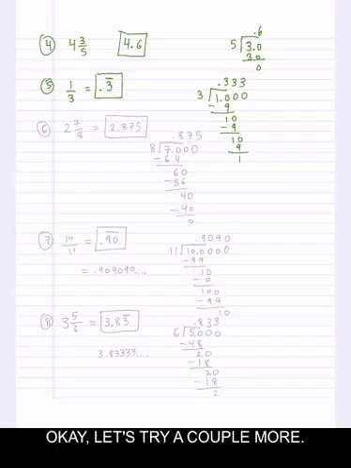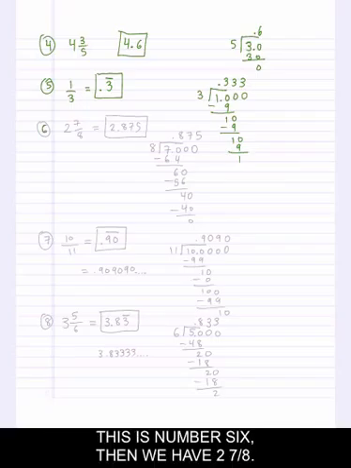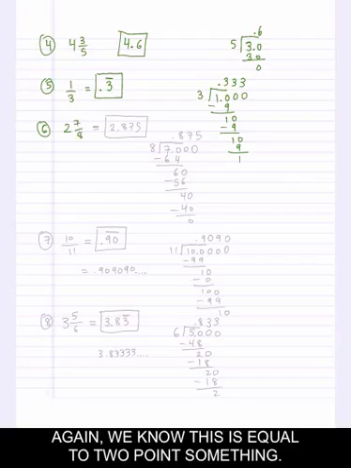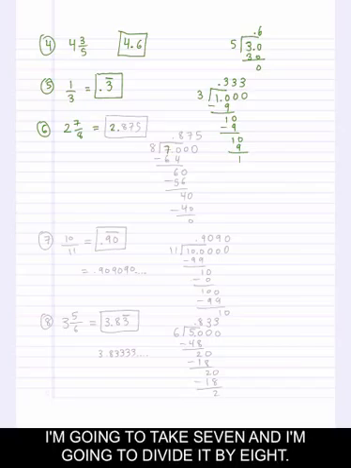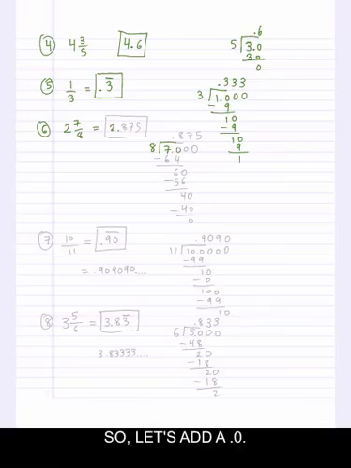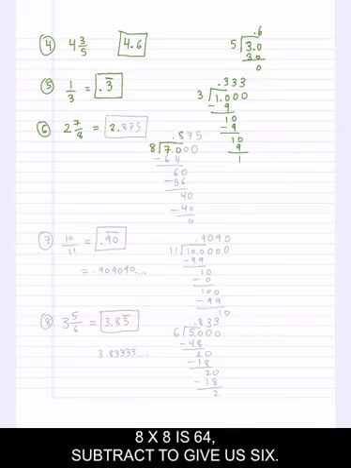Okay, let's try a couple more. This is number 6. I'm going to do 2 7/8. Again, we know this is equal to 2 point something. I'm going to take 7 and I'm going to divide it by 8. So let's add a 0.0. 8 times 8 is 64.